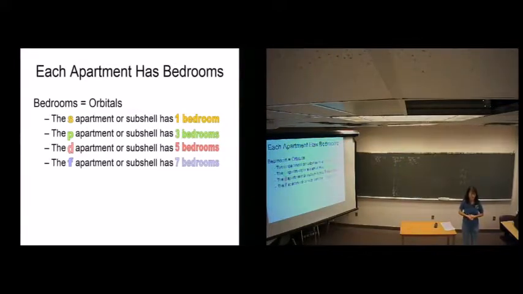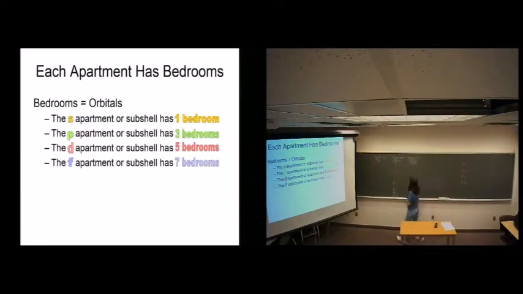That's like saying when you go in to rent the apartment and there are 3 bedrooms, these 3 bedrooms have different orientations in space. Maybe I'm a morning person and I like the bright light coming in, so I'll take the east-facing bedroom. Maybe you like to sleep in. You're like, I'm not taking the east one, I'm taking the west, where the sun doesn't come in the morning. So it's like that. These orbitals have different orientations in space, so we need to specify that.